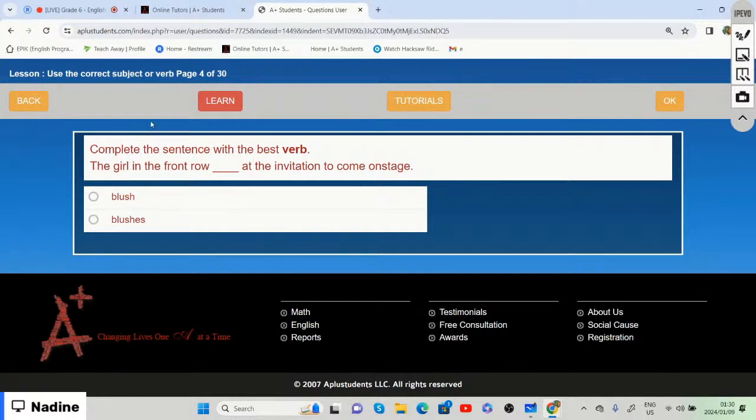So now we're going to complete the sentence with the base verb. The girl in the front row. Do we say blush at the invitation to come on stage, or blushes at the invitation to come on stage?